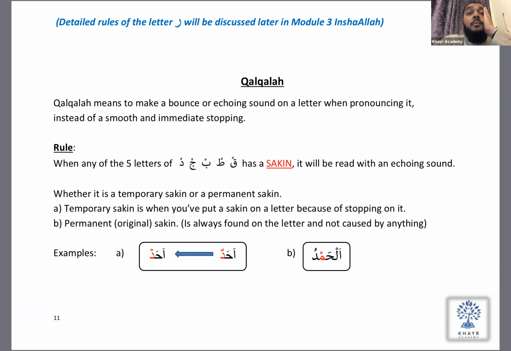There are 5 letters which you do qalqala in. Qalqala means to make a bouncing or echoing sound on a letter when pronouncing it, instead of a smooth and immediate stop. So when you read Qul a'udhu bi rabbin-nas, malikin-nas, ilahin-nas, we just stop. But when you go to the next surah, Qul a'udhu bi rabbil-falaq, min sharri ma khalaq, can you hear?